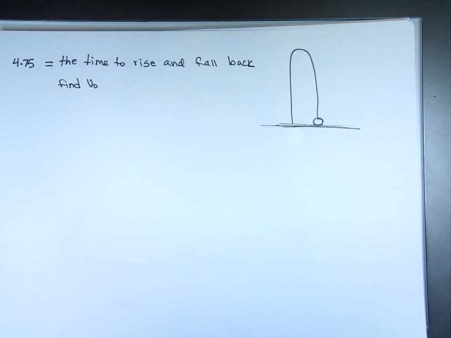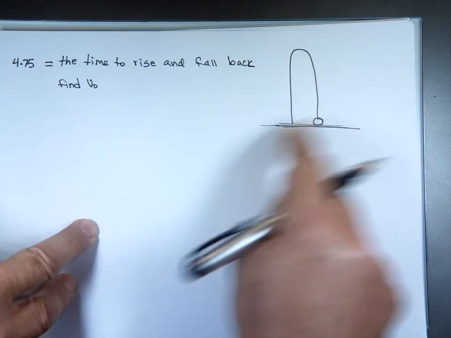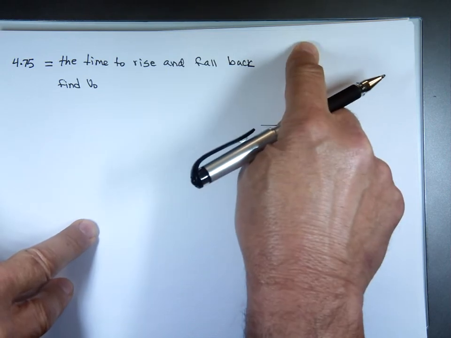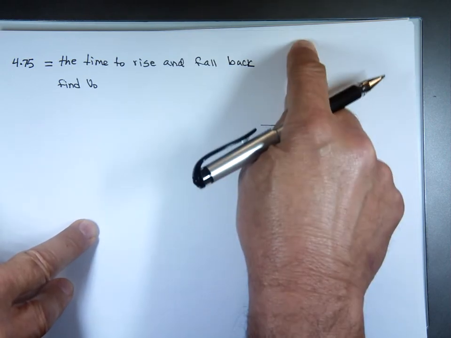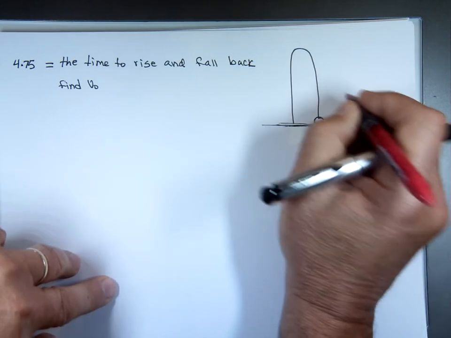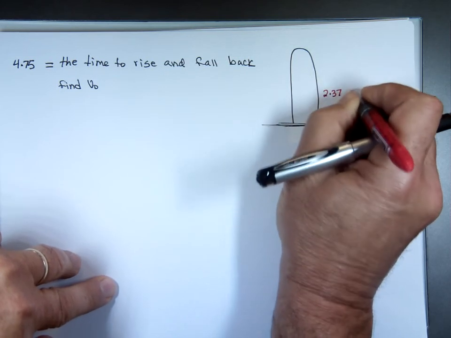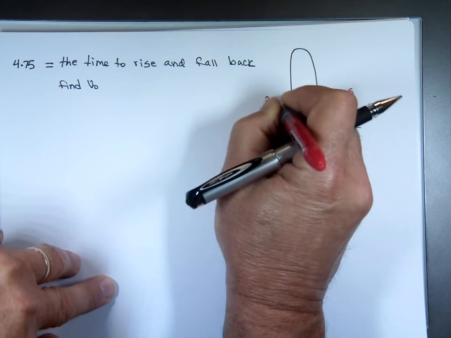If it took 4.75 seconds to go up and down, then to go just up, how much time does it take? And how much time does it take to come down? Half. So what's half of 4.75? 2.37 seconds to go up, 2.37 seconds to come down.